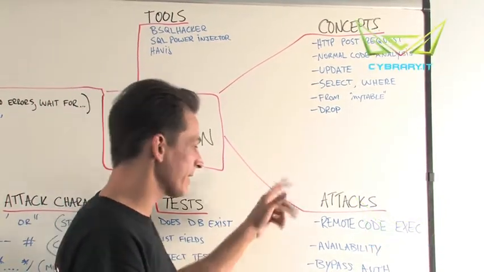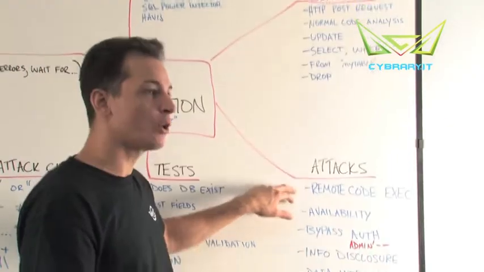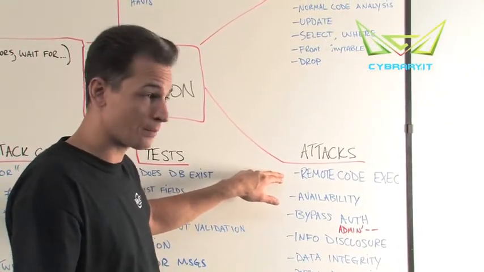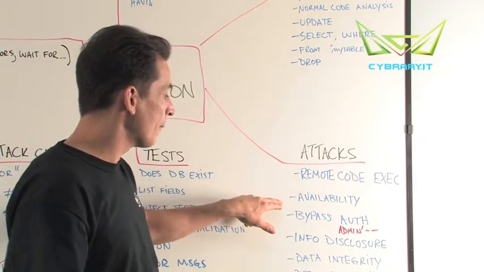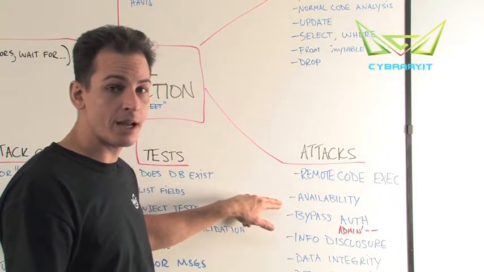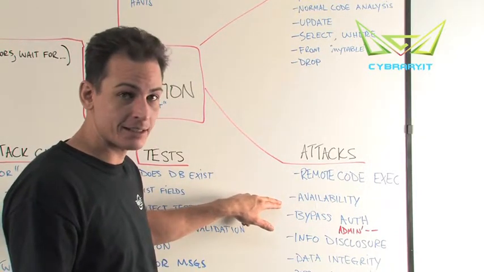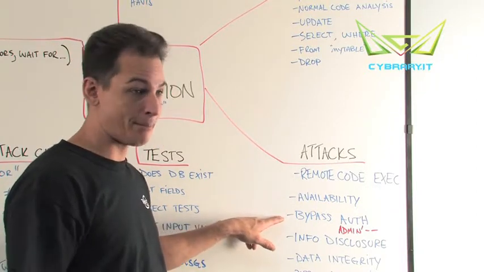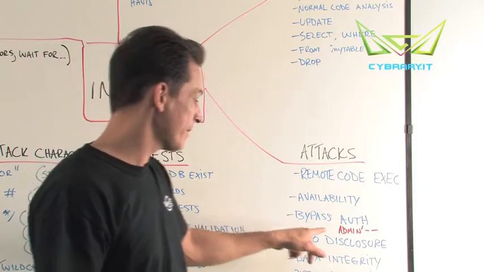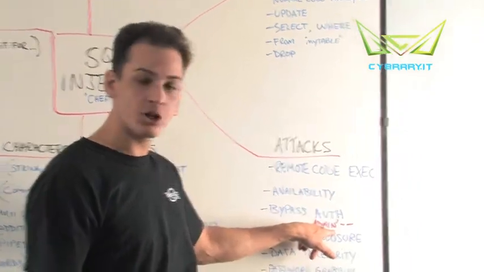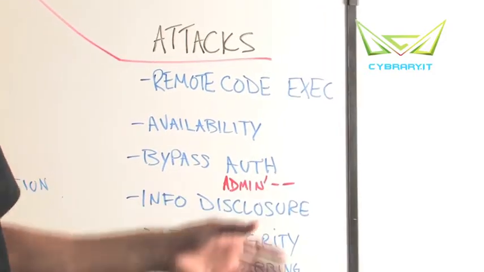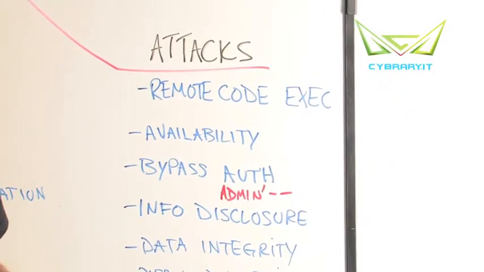Let's talk about some of the attacks. Ultimately, what you can do if you get really skilled at SQL injection is remote code execution. That's good. Also, you can knock the database offline, therefore nobody else can access it. That's an attack on availability. You can use tricks like bypassing authentication, maybe send the admin credentials followed by a single tick and --, which is a comment field, and then comment out the requirement for the password.